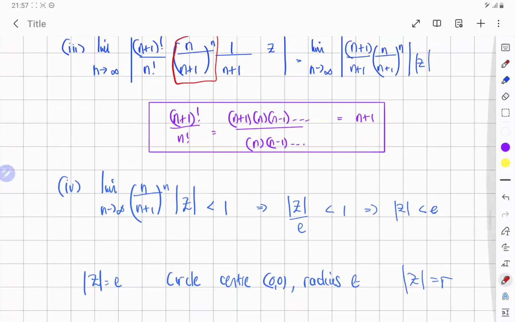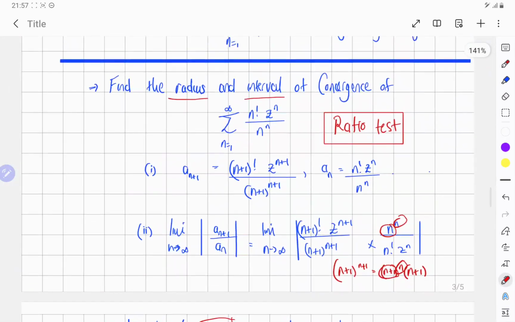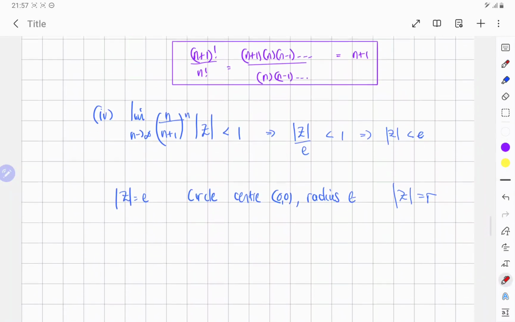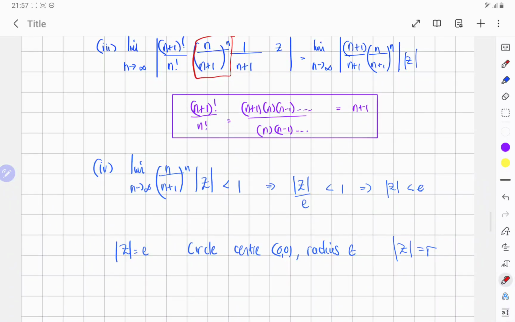Now we're going to do a very important thing. Remember they said find the radius and interval of convergence of this series. In other words, they're telling us that the series is convergent. Now, what did you learn from the ratio test? If a series is convergent, you will get a value less than 1.